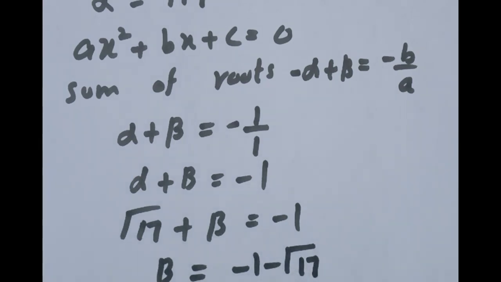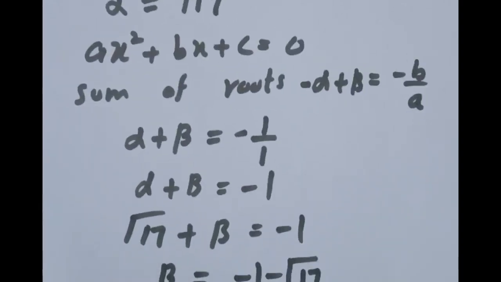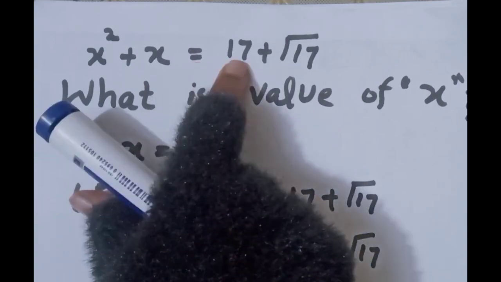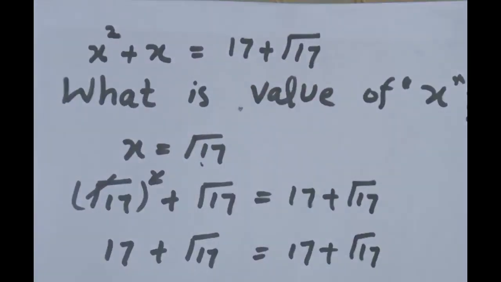This is the other answer of our question. Now we verify that it satisfies our equation or not. Basically we just put the value of beta in our question, x square plus x equal to 17 plus square root of 17.